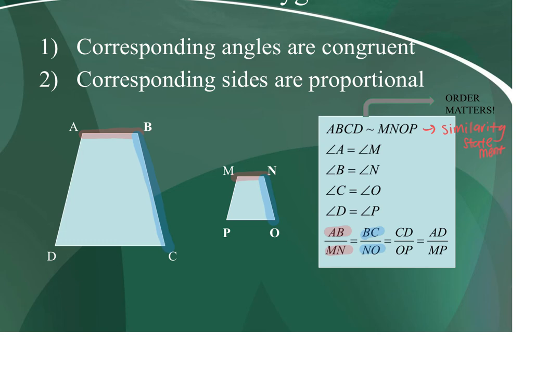This is why we did that warm-up involving proportions, because we're going to set up proportions to figure out missing lengths in a similar polygon.